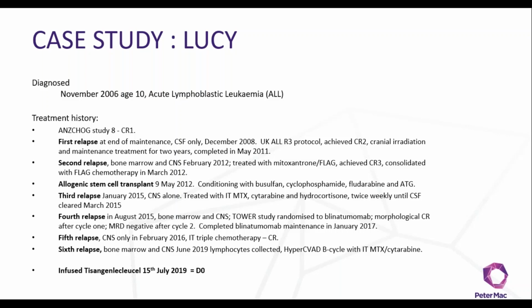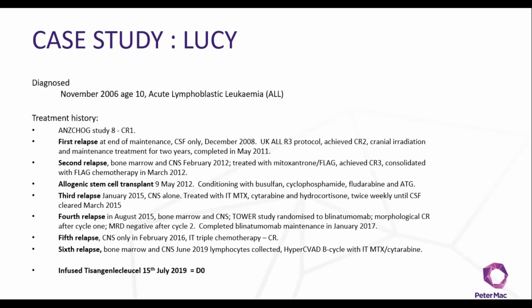So this patient was diagnosed at the age of 10 with ALL, acute lymphoblastic leukemia. And you can see here, you don't need to read it all, but count the numbers. Lucy had 6 relapses, and her 6th relapse was even following an allogeneic stem cell transplant. And so the 6th relapse was both in her bone marrow, but also in her CNS.